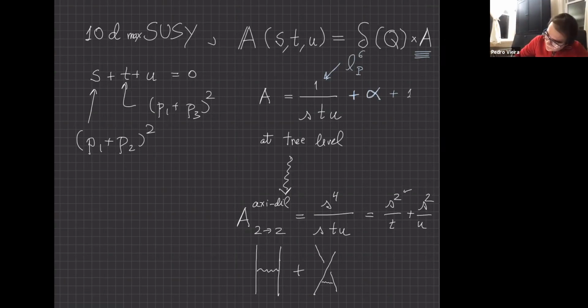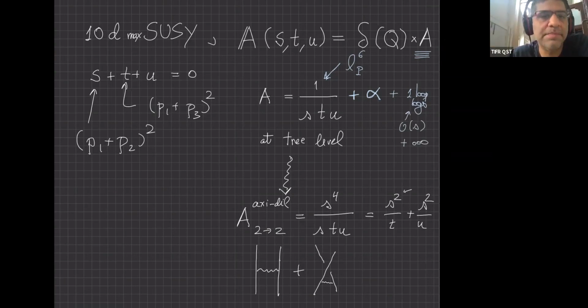So there will be some one loop logs that have some power of S. These compared to those are of order S, if I believe correctly, and Andrea, who is here, can correct me. So the first correction is a constant because the first correction to supergravity is at R to the 4, Riemann to the 4, and that follows from supersymmetry, I suppose. That follows from supersymmetry. Thank you.